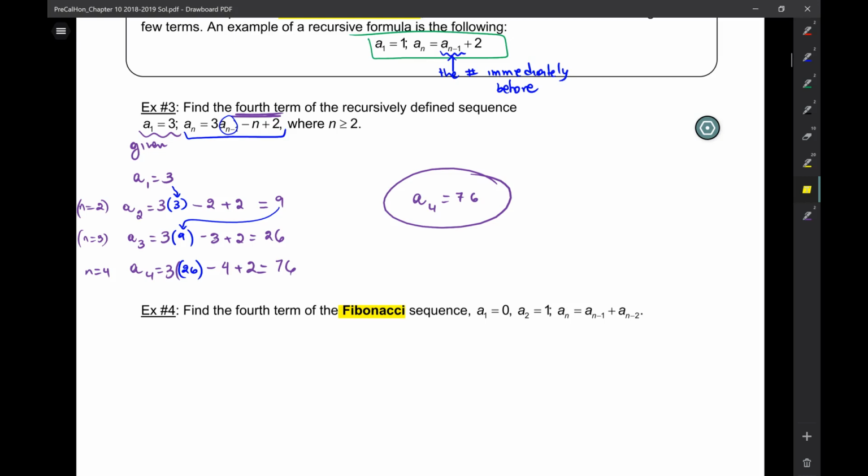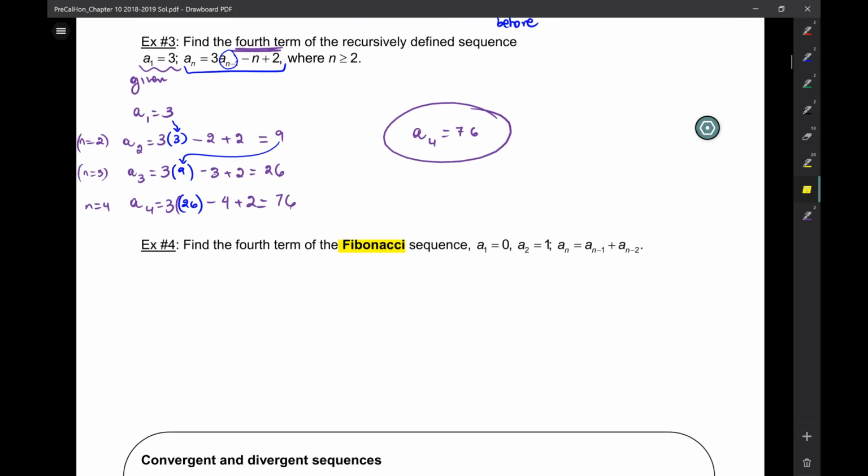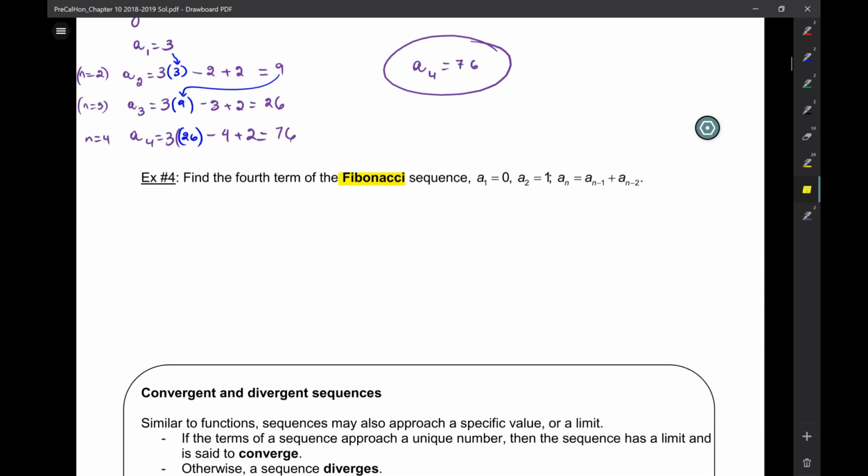You say it louder, very loud. Yes. So each term is the sum of the 2 that come before. Okay? 2, 5, 3, etc. So lots of applications of it. Let's do this, and then we'll talk about some applications or some places in nature where we see it.